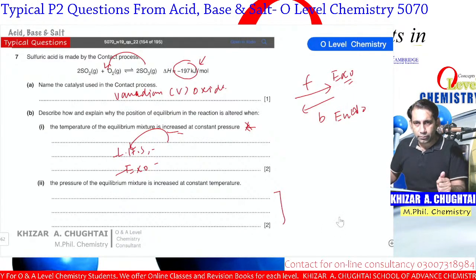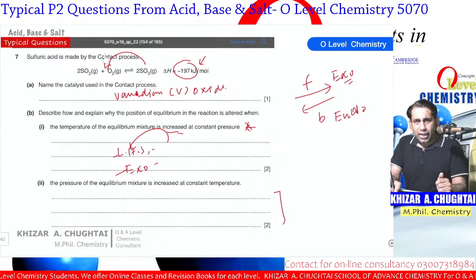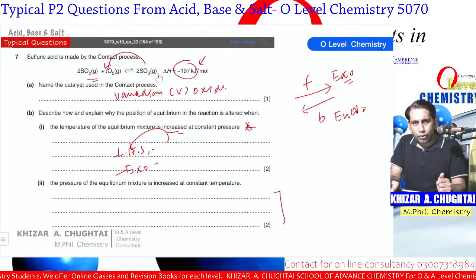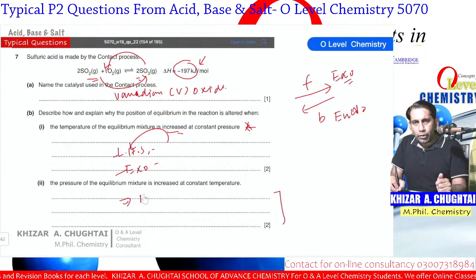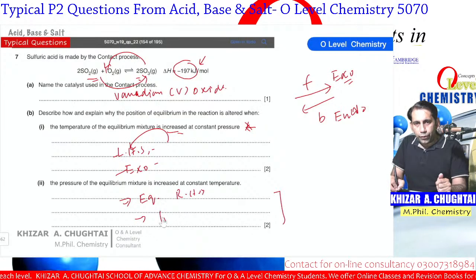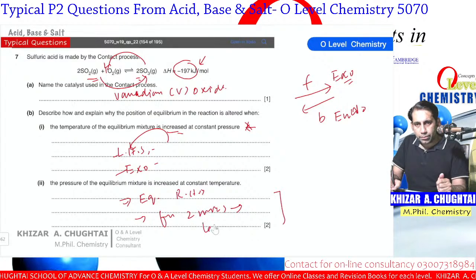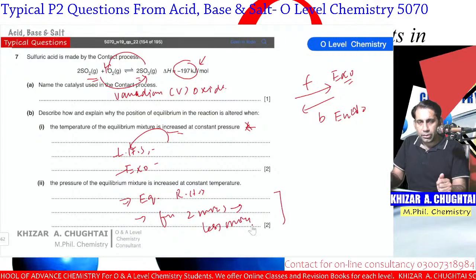In this case, you can see that there are 3 moles on the right hand side, 2 moles on the left hand side. So increase in pressure will shift the equilibrium towards the right hand side, from more moles to less moles, and so on.